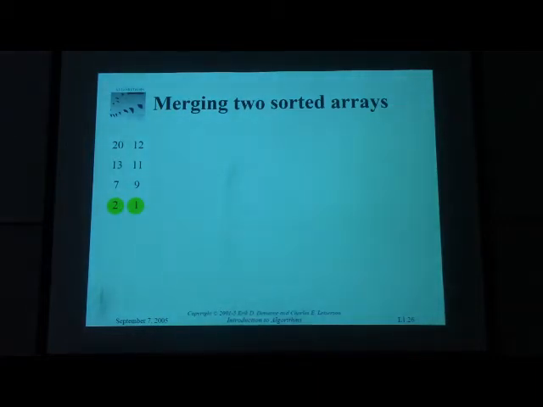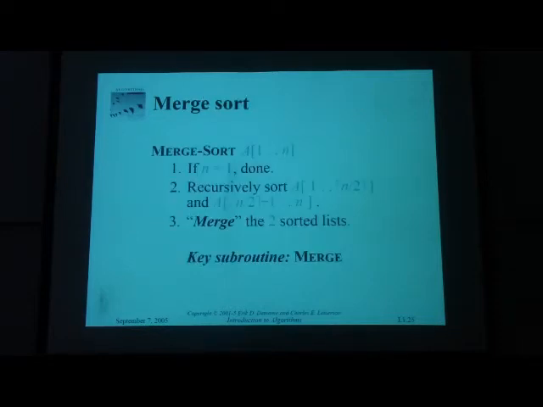Right now, are these in order or not in order? We have 2, 7, 13, 20. That's in order, right? And then we have 1, 9, 11, 12. For example, if we were doing n equal to 8, I would recursively sort the left part, which is 4, and recursively sort the right part, which is the other 4.